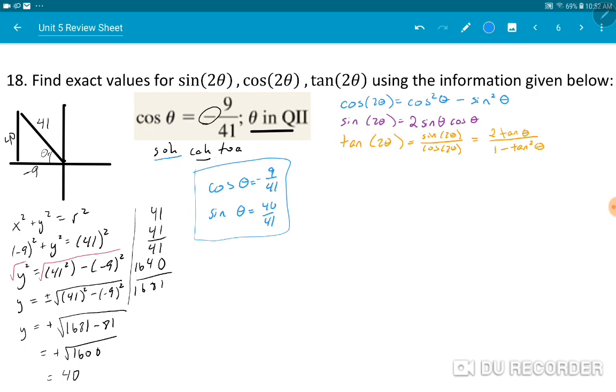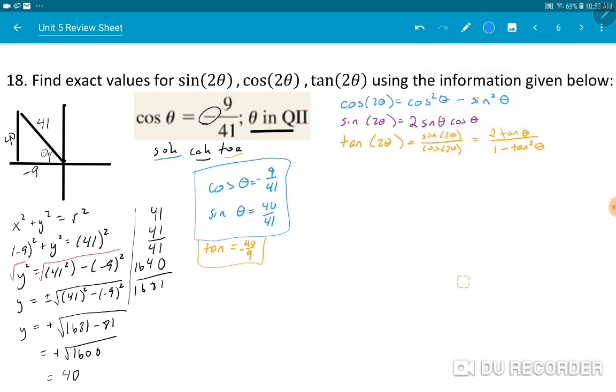I might need tangent, probably not, but I'll write it just in case. Tangent is opposite over adjacent, which is 40 over 9 with the negative out in front. So that's the information I need to solve these.